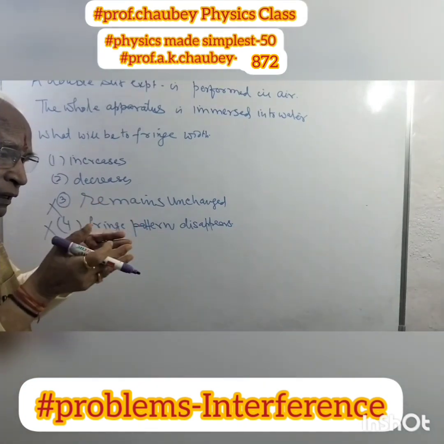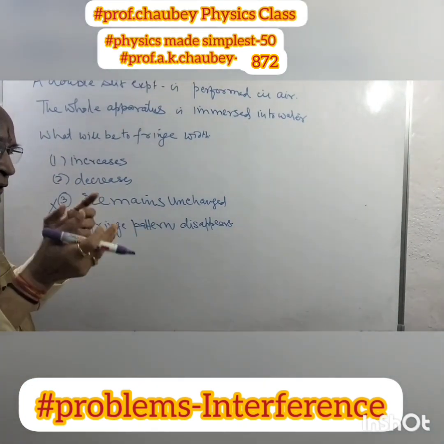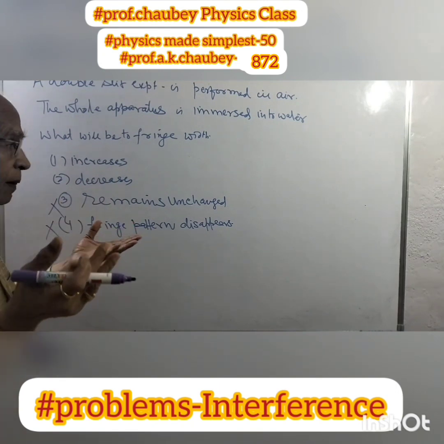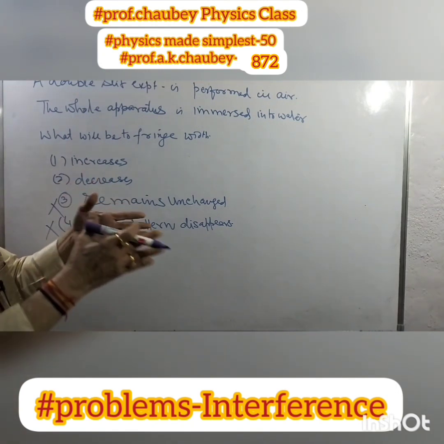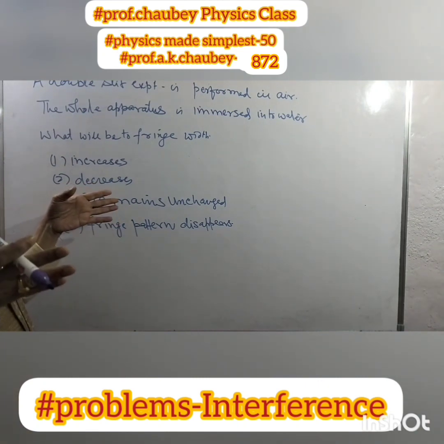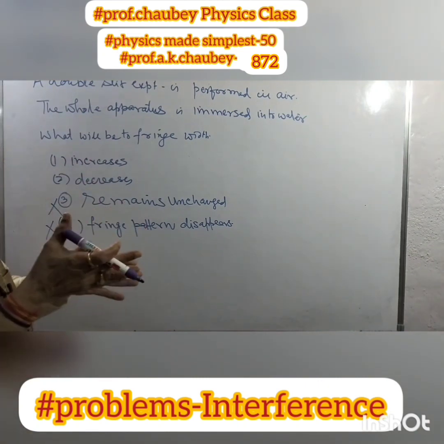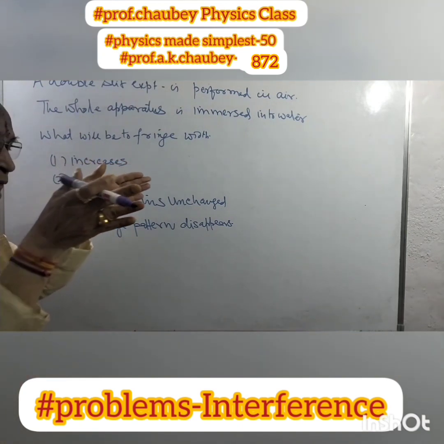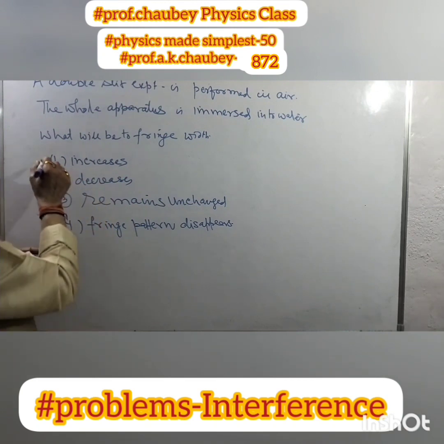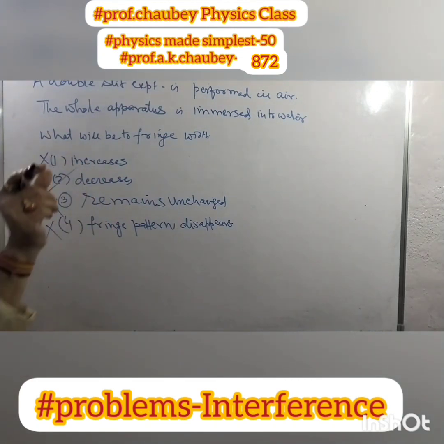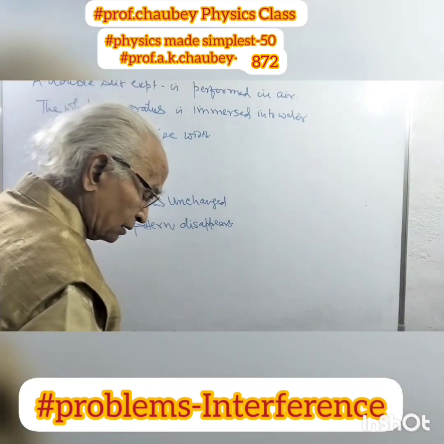If the density of the media decreases, it becomes rarefied, then it will increase. If the media is denser, water is denser than air, the fringe will be narrow, shrink. So this will not be correct. The correct answer is decrease. The fringe will be narrower. The width of the fringe will be decreasing.